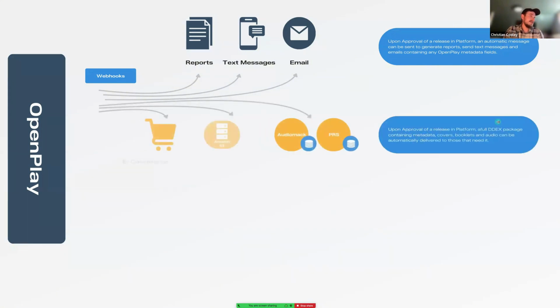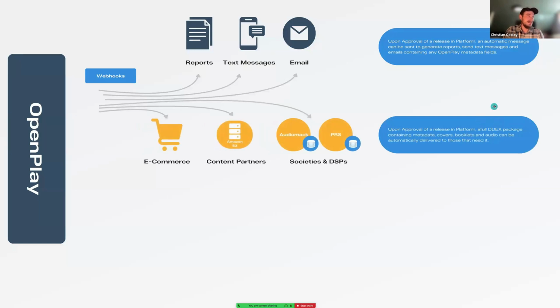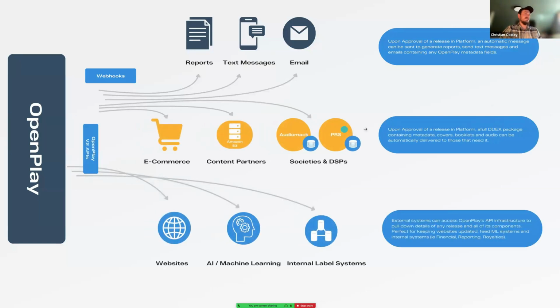From this next section, this is where we get into the fun stuff, our V2 APIs. And the first thing you're going to see here is e-commerce, content partners and societies. Upon approval of a release, similarly with the APIs, you're going to be able to send data, whether it be a full DDEX package via the partner deliveries or via the APIs.